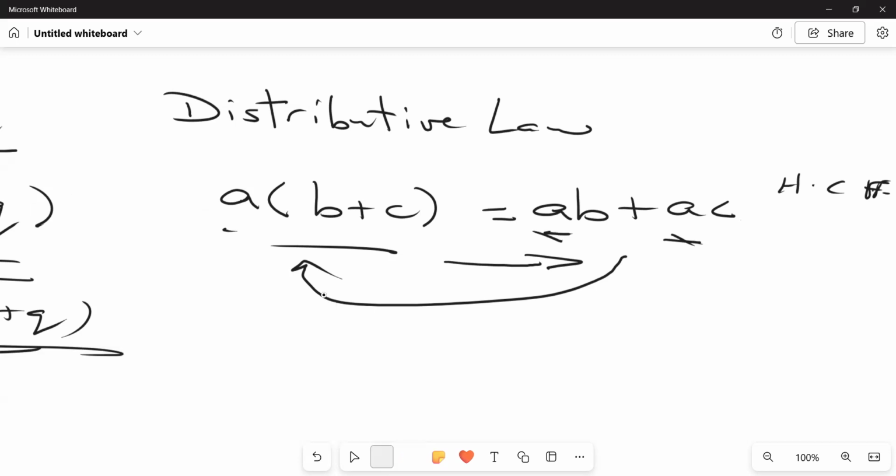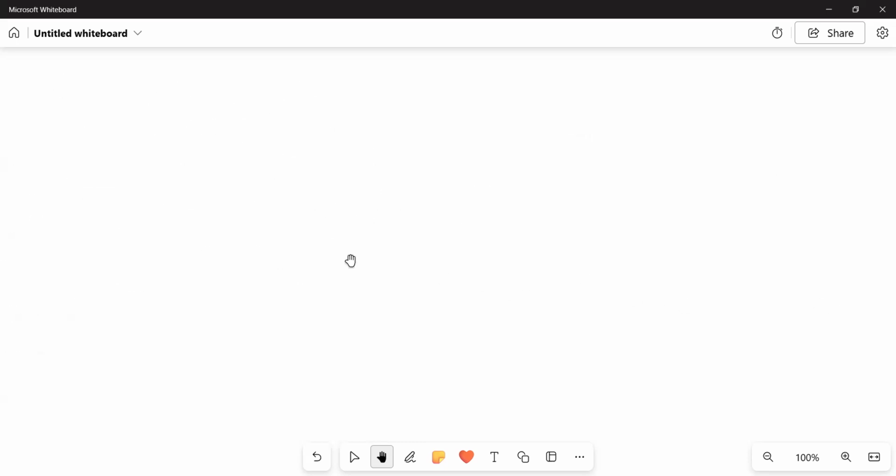And that's what we're making use of. So this whole process of factorization is making use of the distributive law, right? And that can help us to factorize a lot of expressions, right?